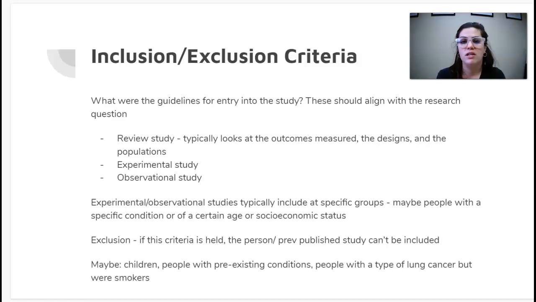So a good study will have this inclusion and exclusion criteria well defined, and all of this helps to reduce bias and a poor interpretation of results at the end of the study.